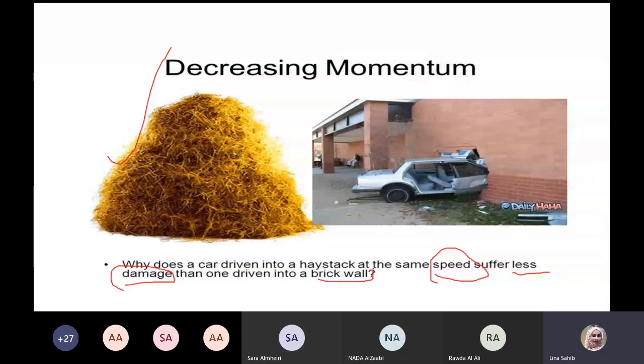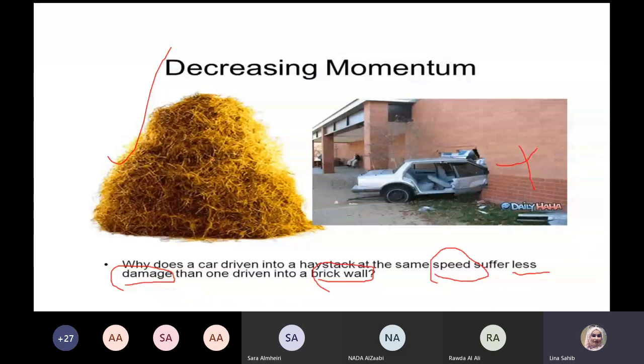The person who hits the hay will suffer less than the one who hits the wall. Here, a big damage, while here, no damage.